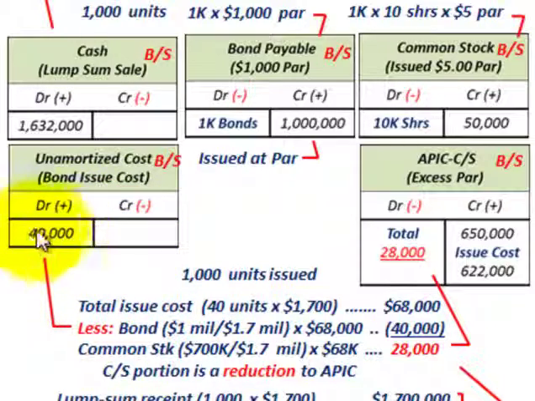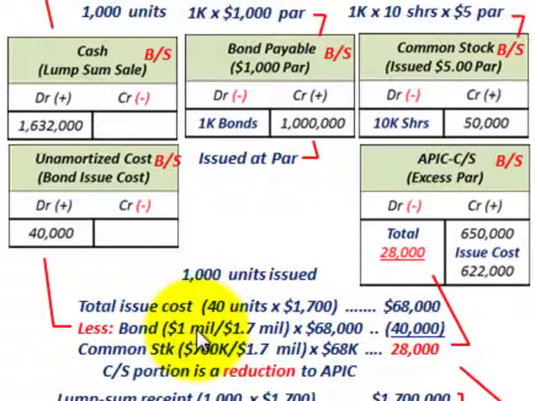So just remember, for the bond you capitalize them as an asset and amortize them down, and with your common stock, you would reduce your additional paid-in capital directly by the amount of those issue costs.